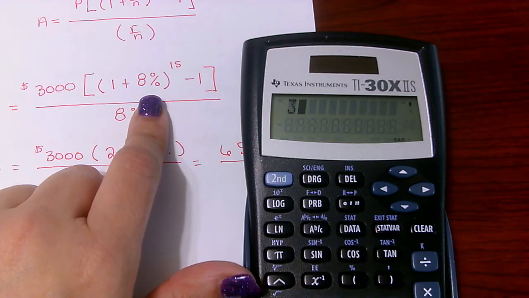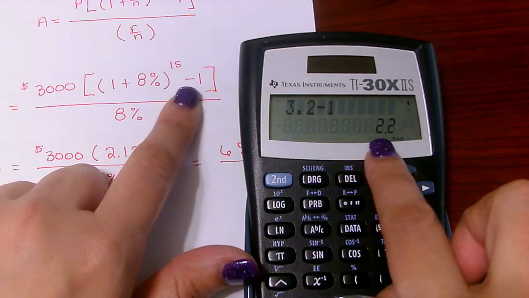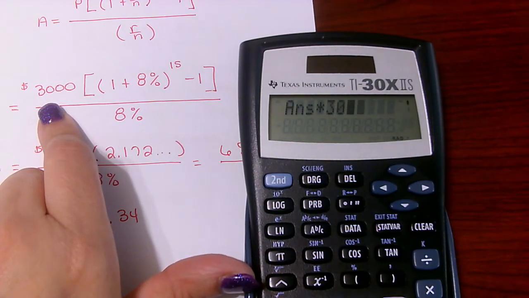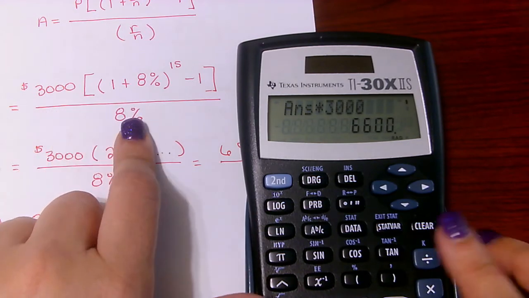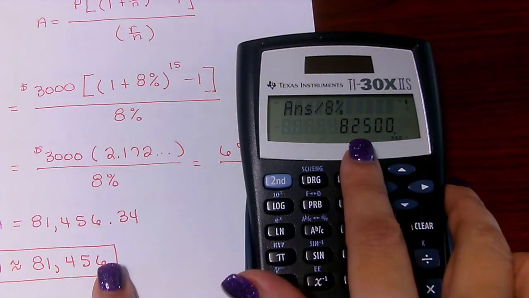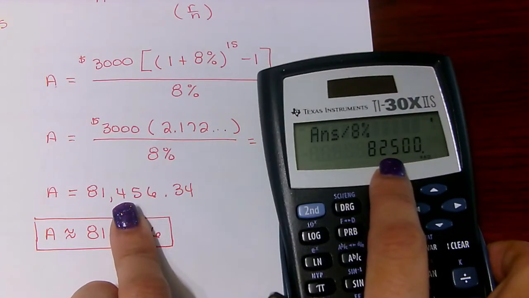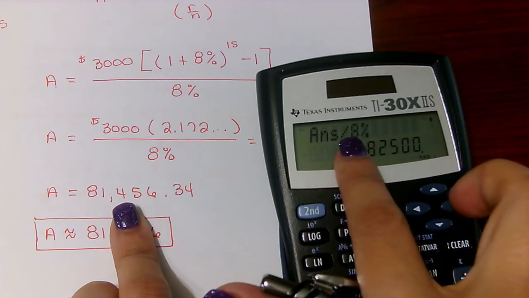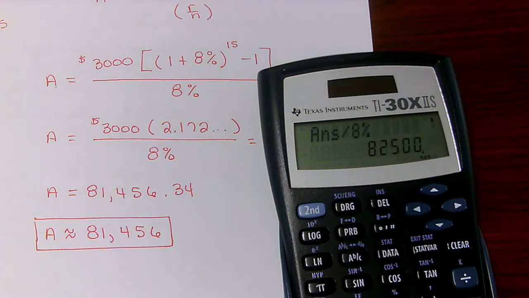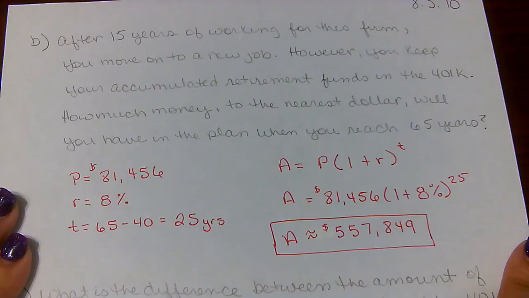If I put 3.2 and I subtract 1, now I get 2.2, which I would multiply by 3,000. Now I can divide that by 8%. And as you can see, your value is a lot higher than what our answer was. So do not use approximations. Always use the exact values. This ended up being over $1,000 difference.